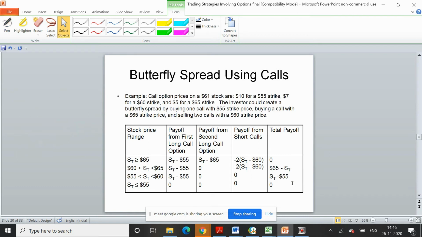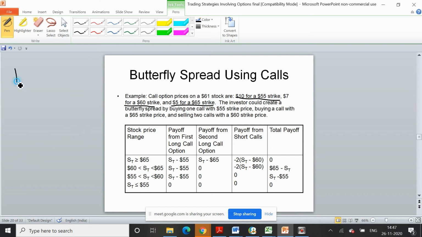So here we can take this example. There's a call option price on a $61 stock: $10 for a strike of 55, $7 is the premium price for a $60 strike, and $5 is the premium for 65. So there are 3 prices.